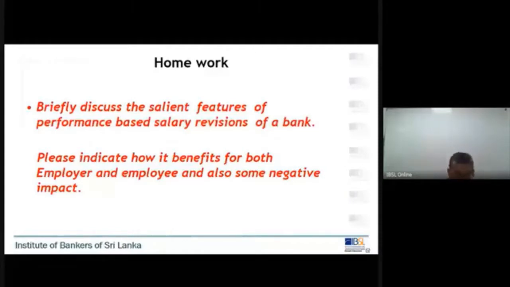That is why below they say, please indicate how it benefits both employer and employee and also some negative impact of that. So when you discuss performance-based salary revisions of a bank, what are the salient features? So, the good and the bad. Can you answer that? We will discuss next time. Okay, you write.